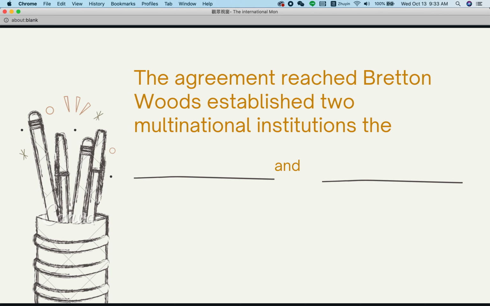Under the agreement, also, what is the International Monetary Fund and what does it do? What do you think about this? And the World Bank, and what is it?